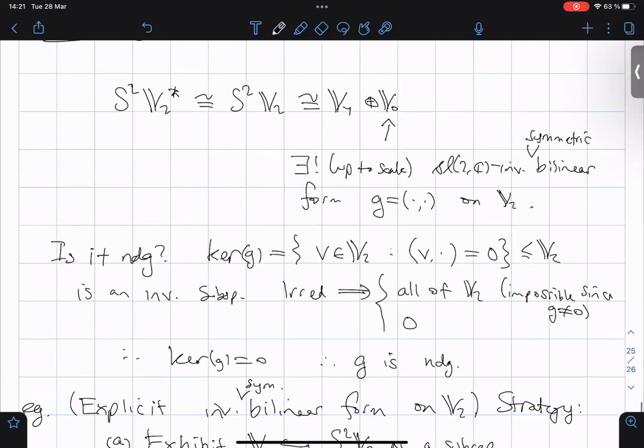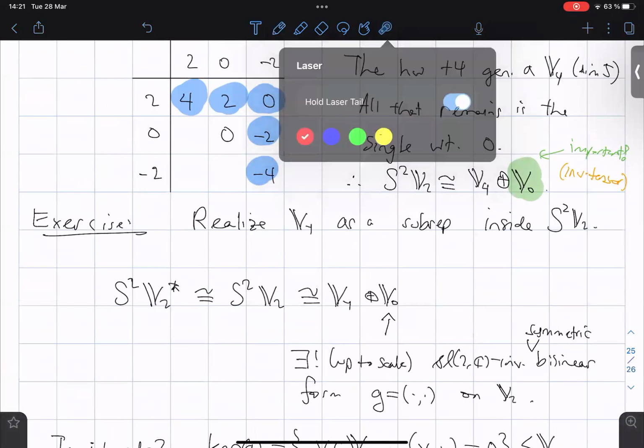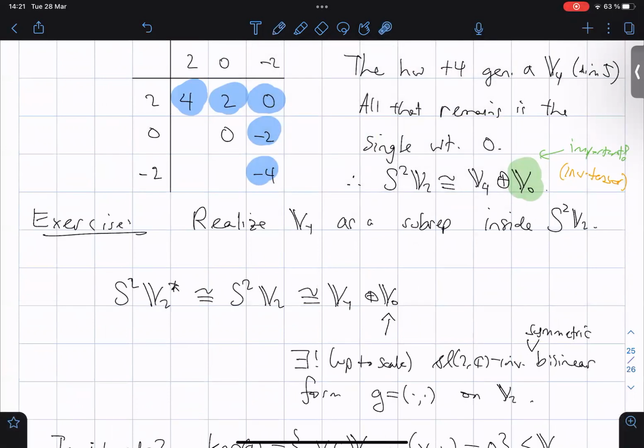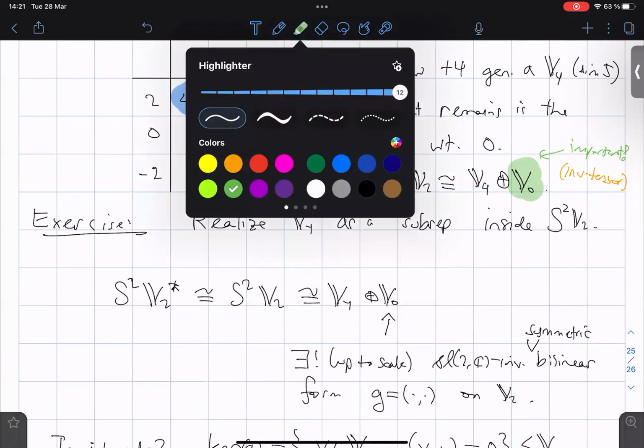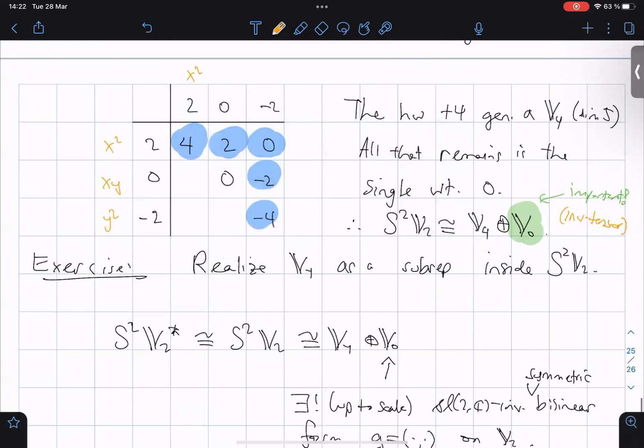Yeah. So for instance, you look at this guy here. We have x squared, xy, y squared over here, and x squared, xy, y squared over here.